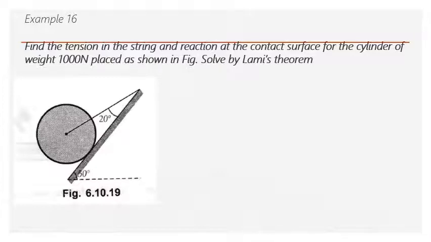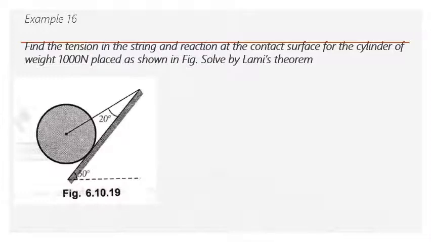See, if nothing is mentioned, we can solve either by Lami's theorem or by conditions of equilibrium. But if it is mentioned, we have to solve by the method mentioned. Here it is mentioned Lami's theorem, so we have to solve this by Lami's theorem.